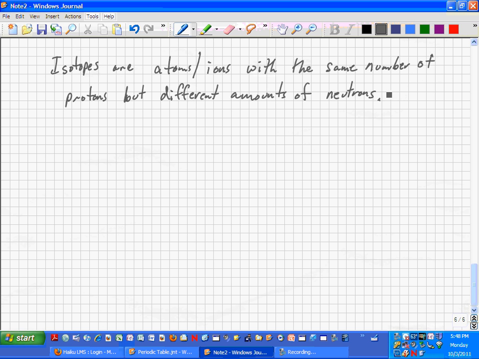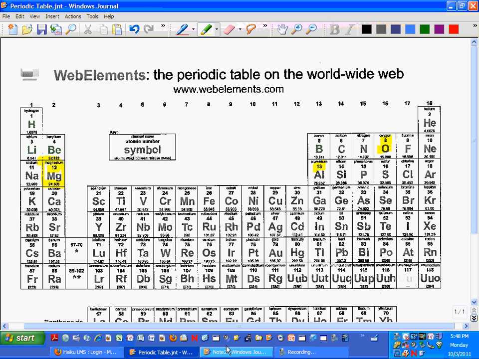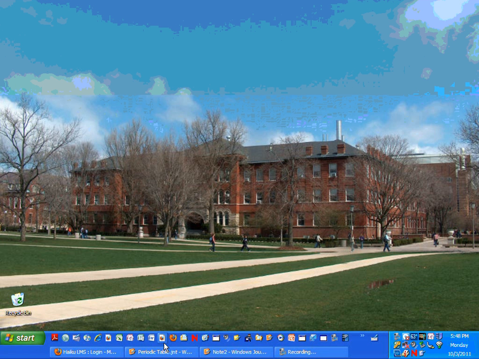Prime example of a pair of isotopes is chlorine 35 and, let me take a look at this, chlorine 35 and chlorine 37, I believe.